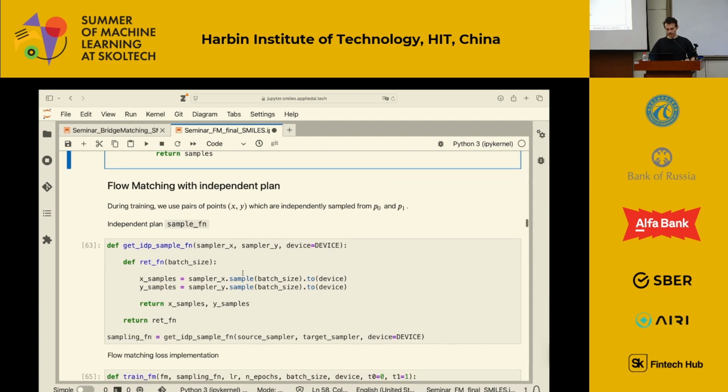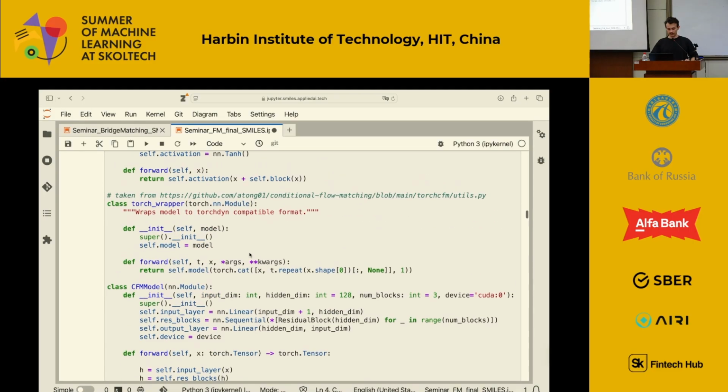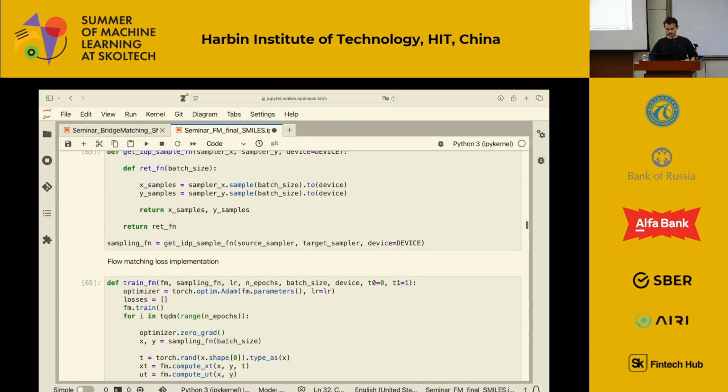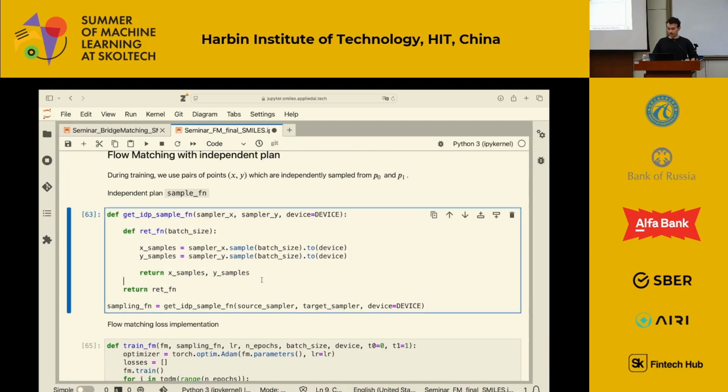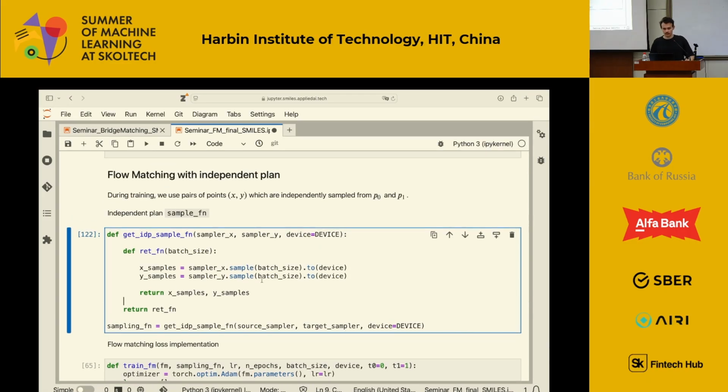Okay, now we have this CFM model class implemented. Now let's train some flow matching. So first we will start from flow matching with independent transport plan. As Alexander said on the previous lecture, we can take flow matching with different general transport plans.